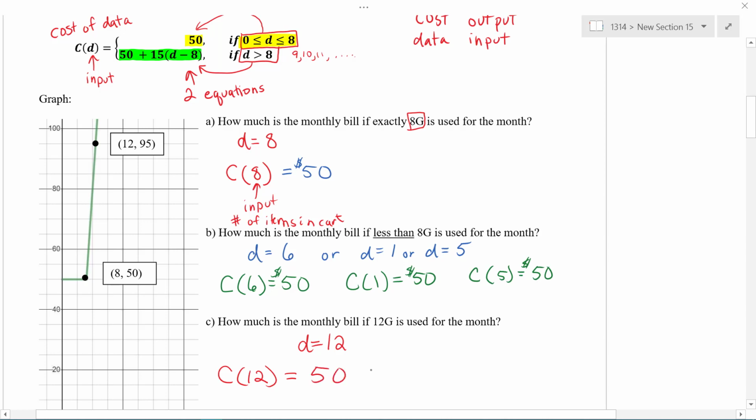So we're going to put 50 plus 15 times the D value, which is 12, in place of D in that second equation, minus 8. We just put a 12 in place of D everywhere we saw D in that function.